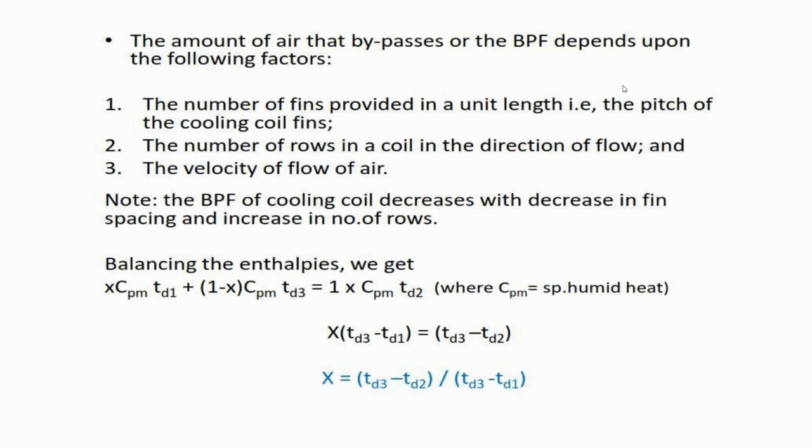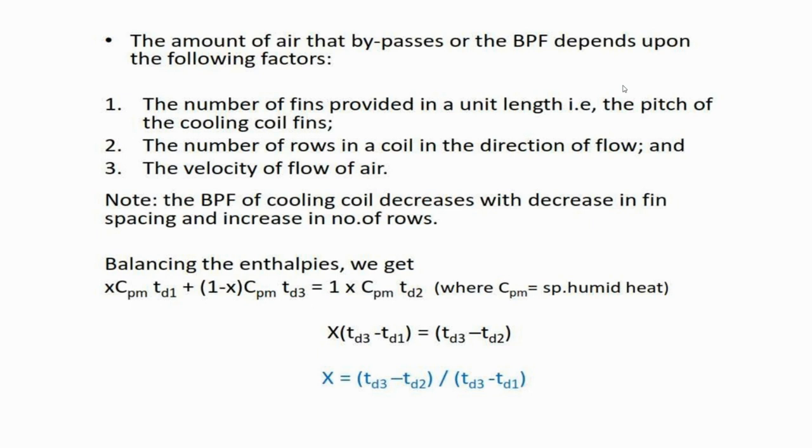Now we will solve this and get the formula for bypass factor. Here we have seen that some fraction of air is passing through the cooling coil, and some fraction of air is passing directly. So x is the fraction of air without contact, and 1 minus x is the remaining air which is coming in contact with the coil.